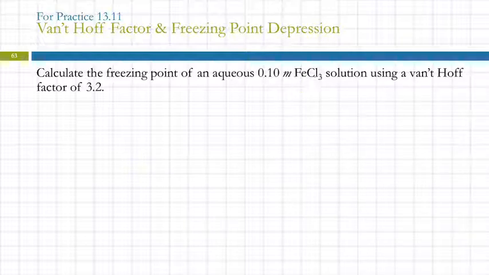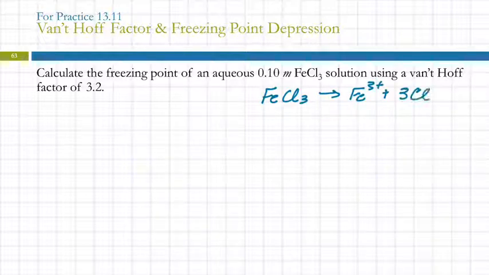So if we have FeCl3, what would the expected Van Hoff factor be? 4. Because when this forms ions, you get 1 Fe3+ ion and 3 chloride ions, a total of 4 ions. But we're told here that the factor's 3.2.